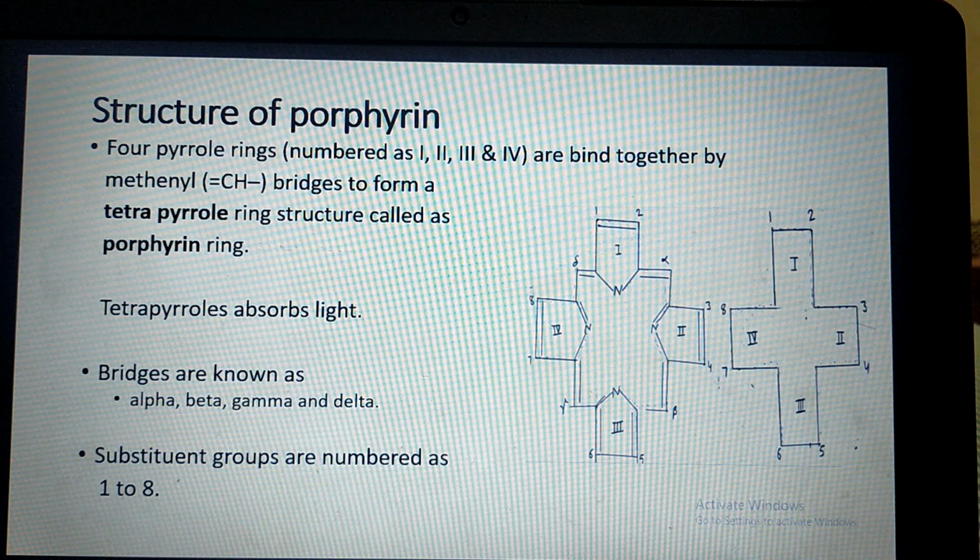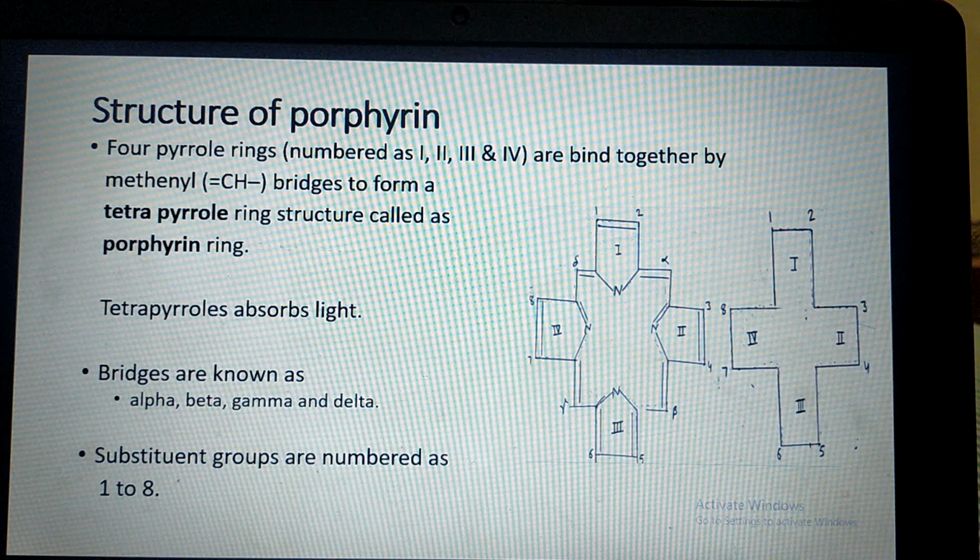These pyrrole rings are numbered first, second, third and fourth, and their bridges are named alpha, beta, gamma and delta. For example, alpha bridge is present between first and second pyrrole ring, beta between second and third pyrrole ring, gamma between third and fourth pyrrole ring and delta between fourth and first pyrrole ring.